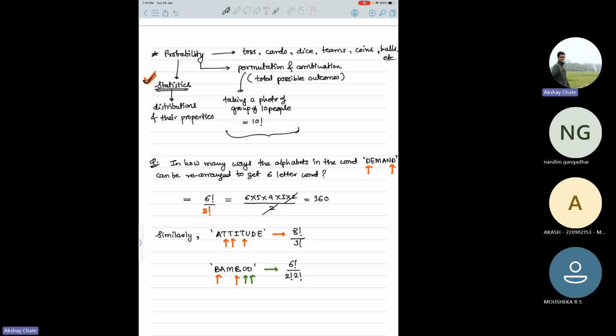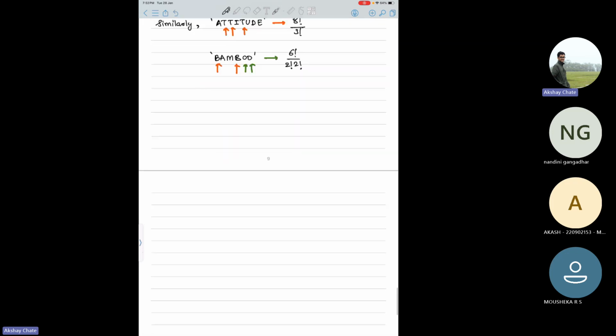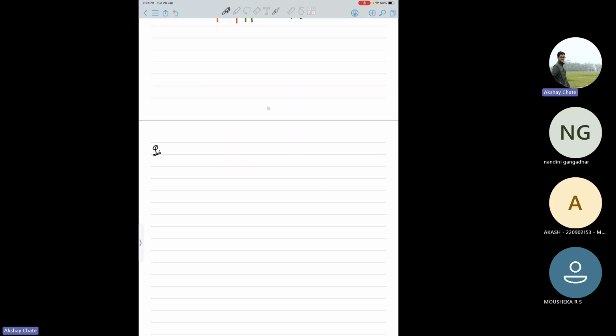Let's solve this one only because we don't have much time. There is this problem: log base 3 of x plus log base x of 3 equals 17 by 4.